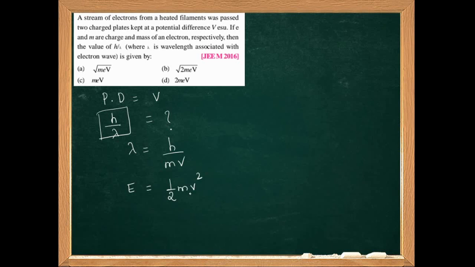If I multiply this by m by m, energy is equal to m square v square upon 2m, so energy is equal to mv the whole square upon 2m.